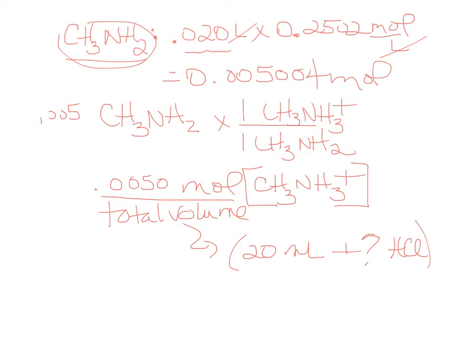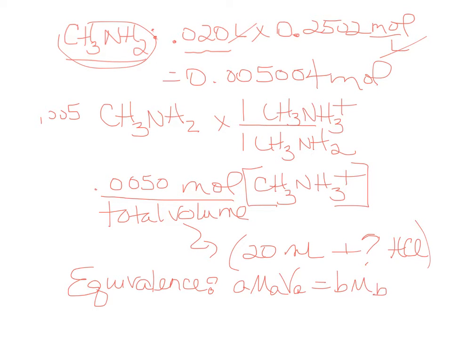Well, any information at all you need to find about the equivalence point, and if you haven't realized this already, you need to write it down and highlight it. Anything to do with the equivalence point, you can go ahead and use our handy dandy equation. And we will use that to find the volume of the acid we added to reach the equivalence point.